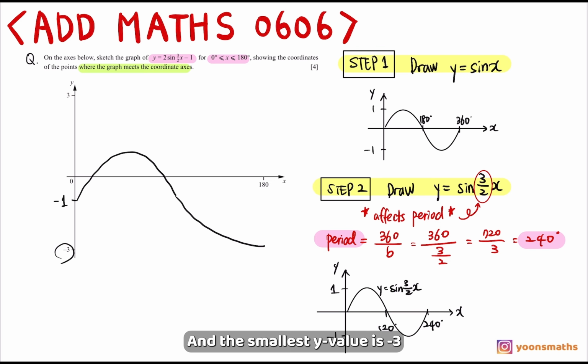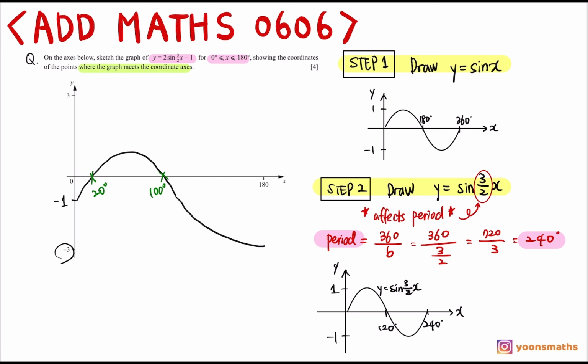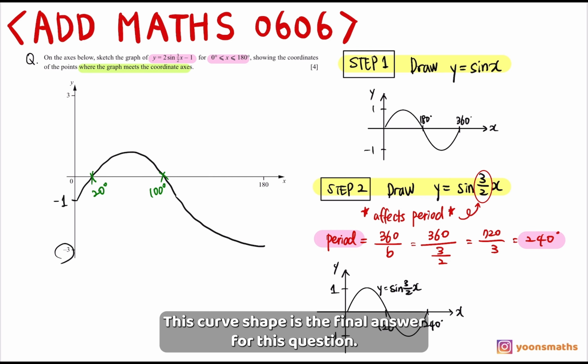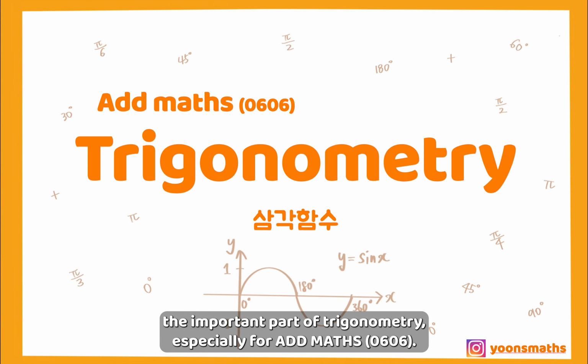And the smallest y value is going to be minus 3. Right, 20 and 100 degrees. This curve shape is the final answer for this question. So this is it for today's video. Hope it helps you to understand the important part of trigonometry, especially for math.